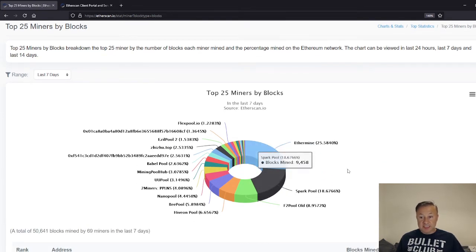The biggest one is Ethermine, which accounts for over 25% of the mining. Now these aren't individuals, by the way. This is a pool where you've got a number of people contributing the hash power to solve the transaction hash, and then any of the rewards that come from that will be divided out amongst the pool.